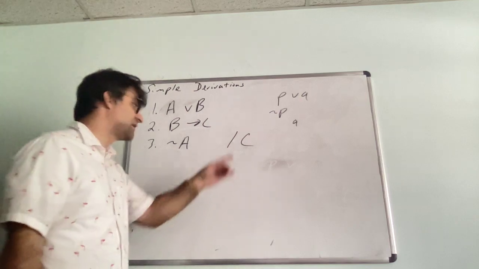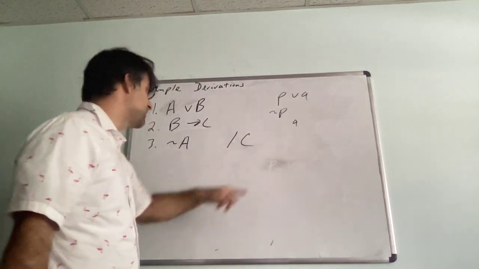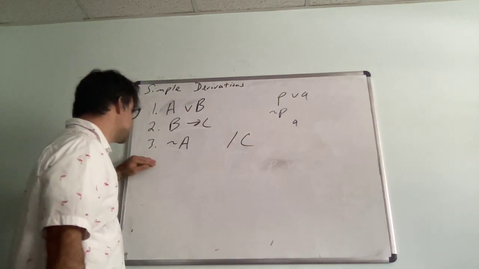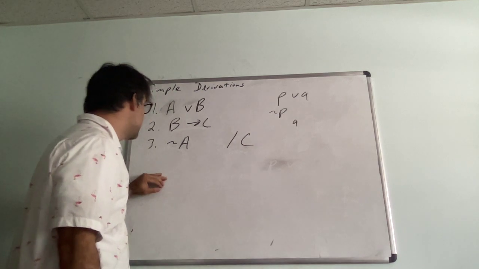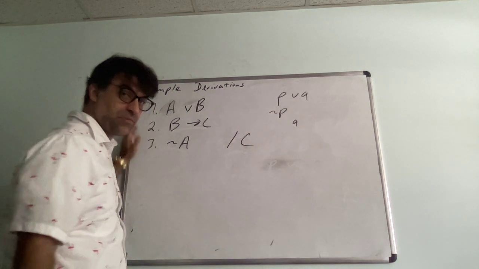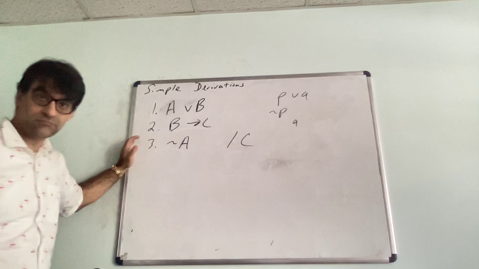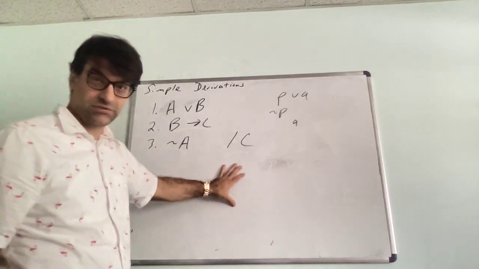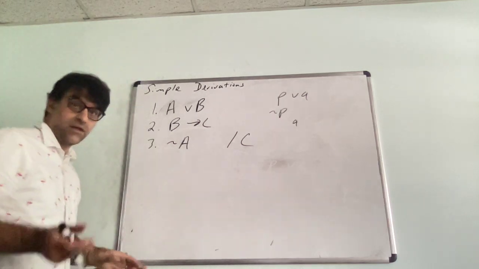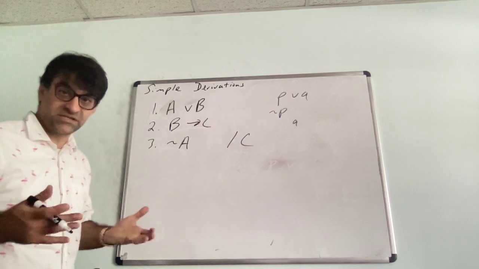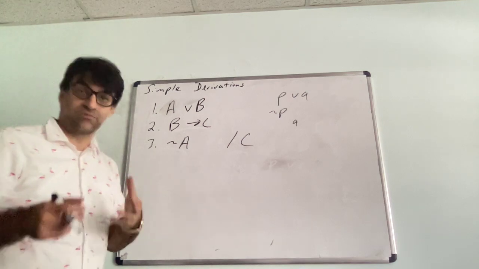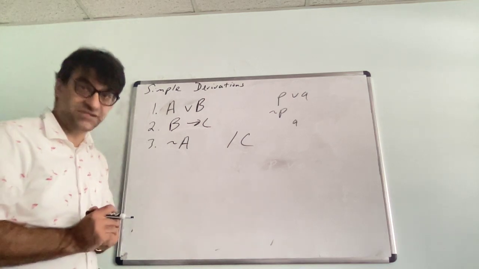So you get to this conclusion by drawing as many inferences as you need from the original premises in order to reach the conclusion. You're always going to be looking to see what two lines reflect one of the patterns we've seen.